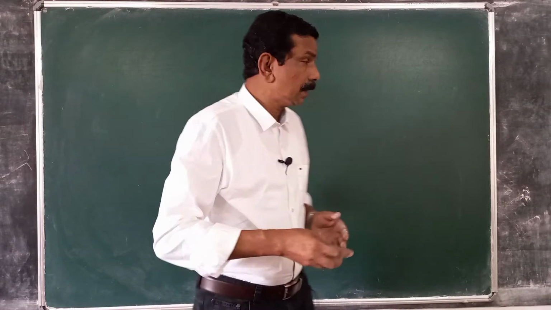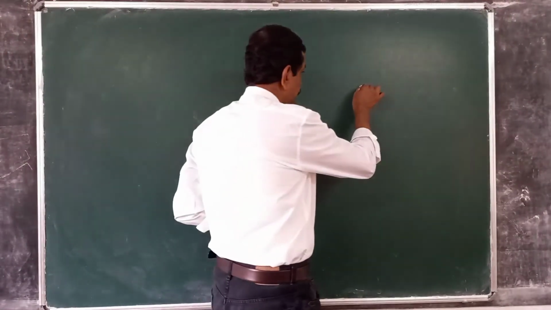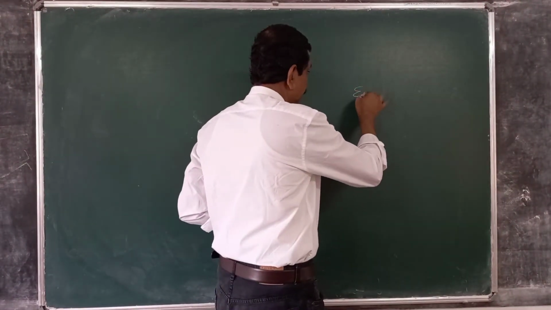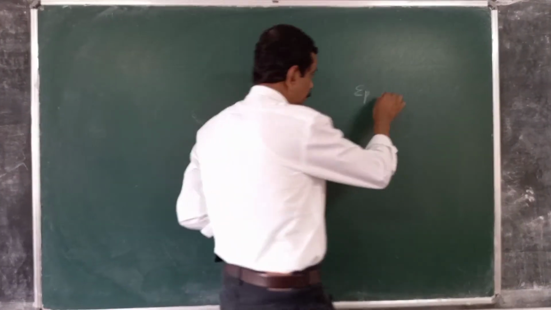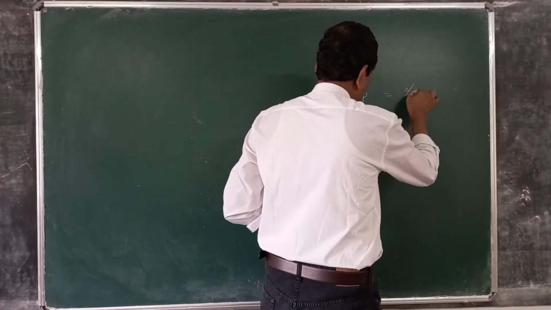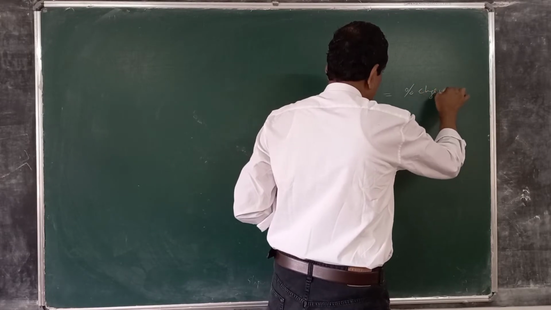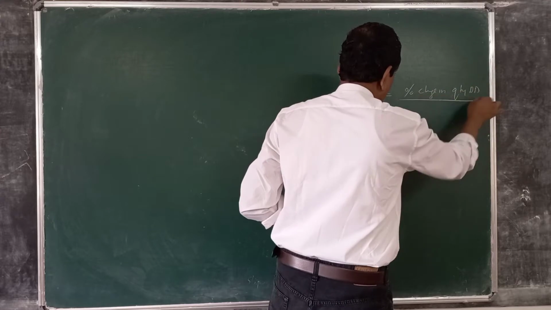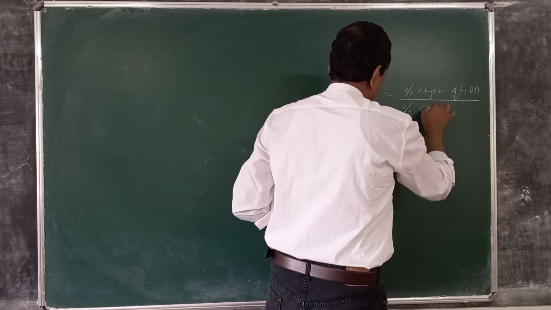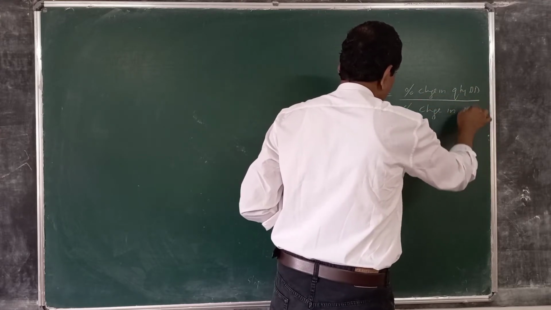Now, denoting price elasticity of demand as epsilon P, it is equal to percentage change in quantity demanded divided by percentage change in price.